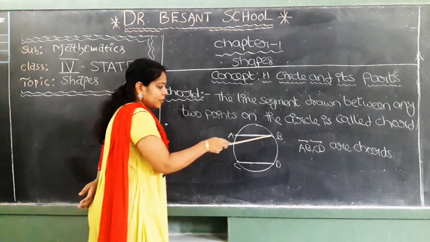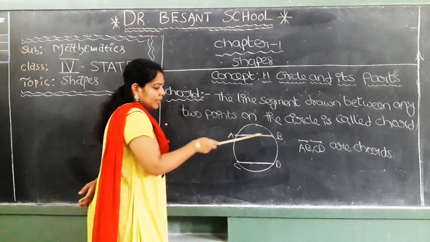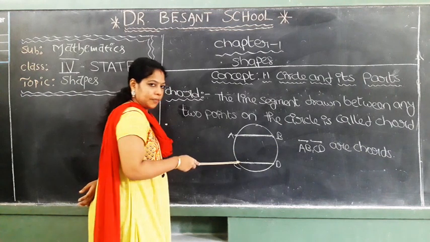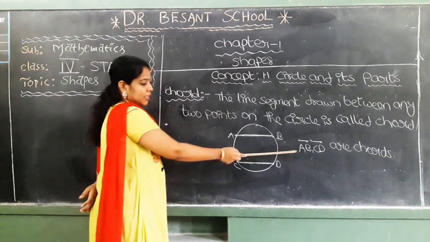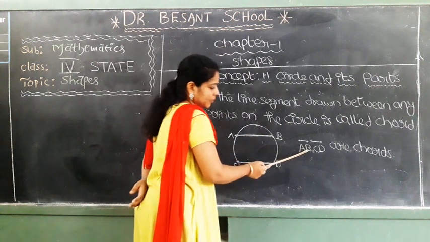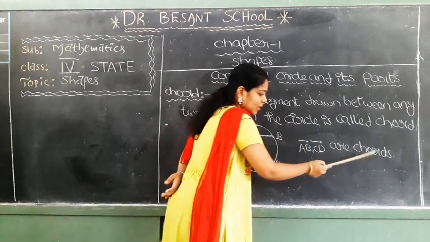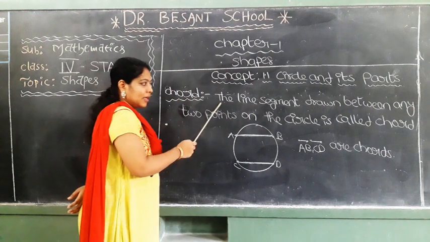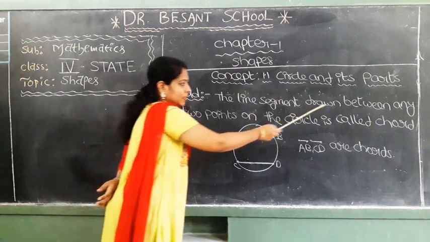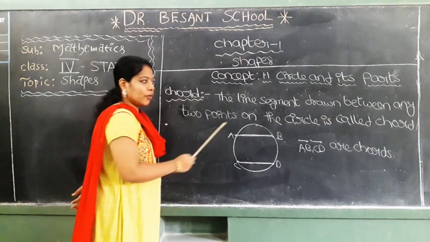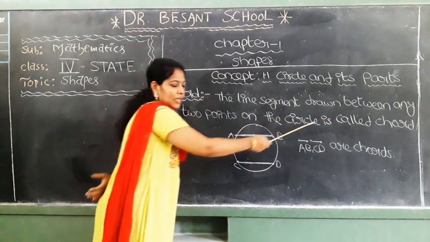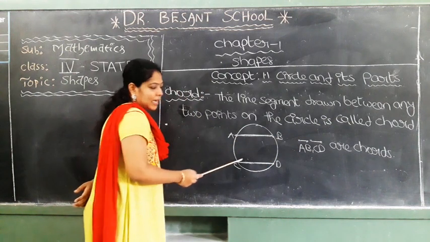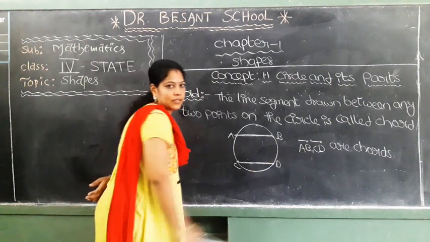The line segment drawn between A and B is a chord, and between C and D is also a chord. That's why I wrote here AB, CD are chords. In this figure, AB and CD are 2 chords.